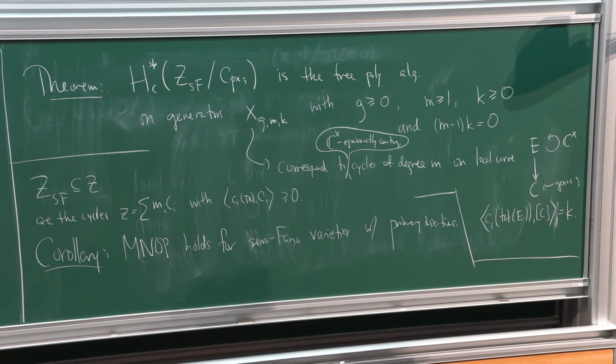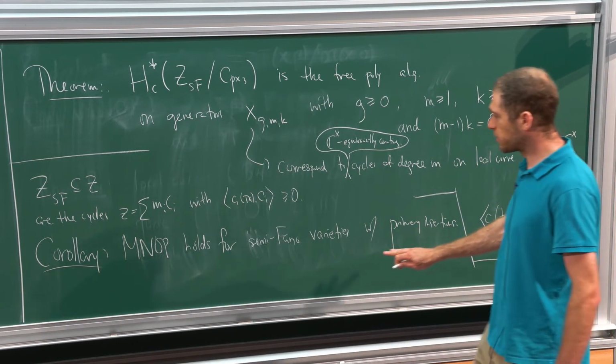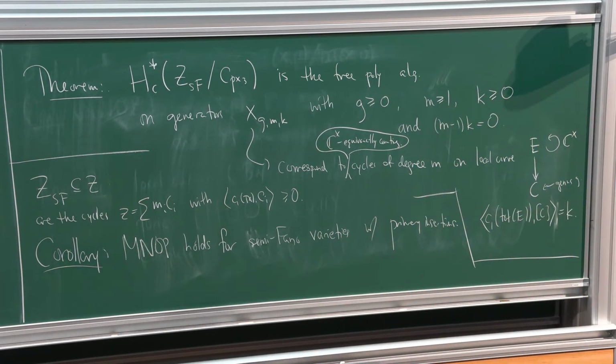So I have no idea how to say anything about descendant insertions or remove this semi-Fano assumption.